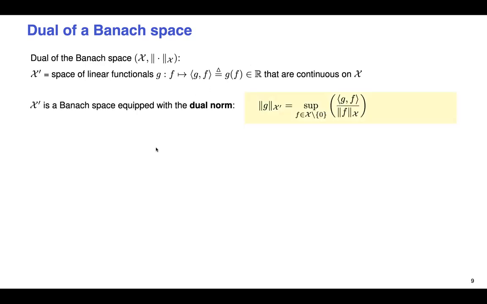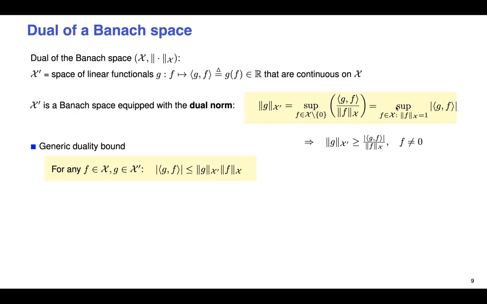Then the dual of a Banach space is equipped with the dual norm. If you look in a book on Banach spaces, it's very standard. It's just the supremum over the duality product divided by the norm of f, which you can also write in this way: a supremum over the duality product, but with the constraint that the norm of f is 1.